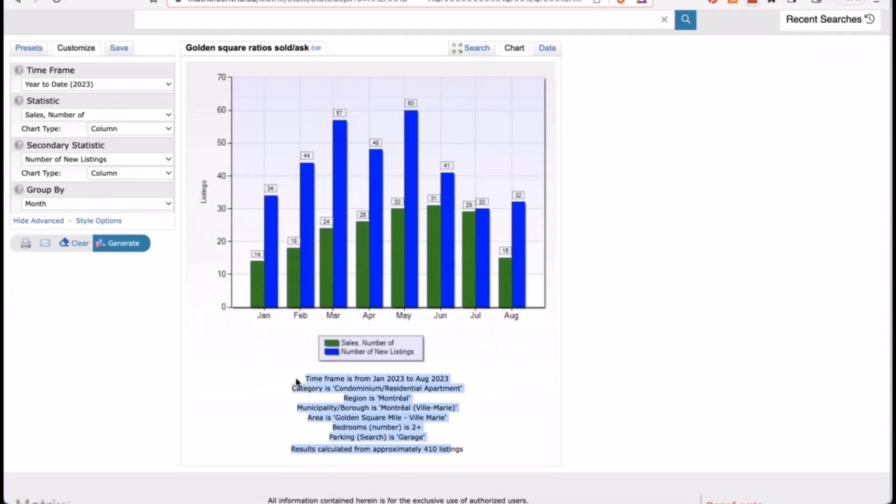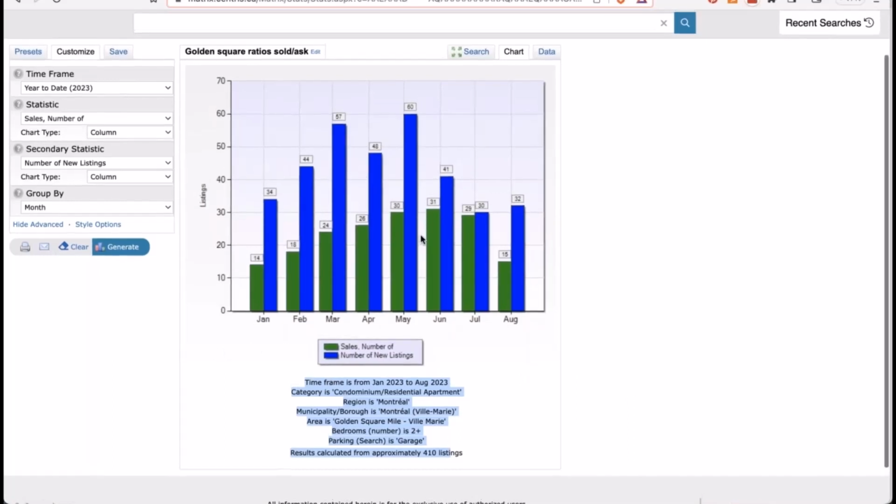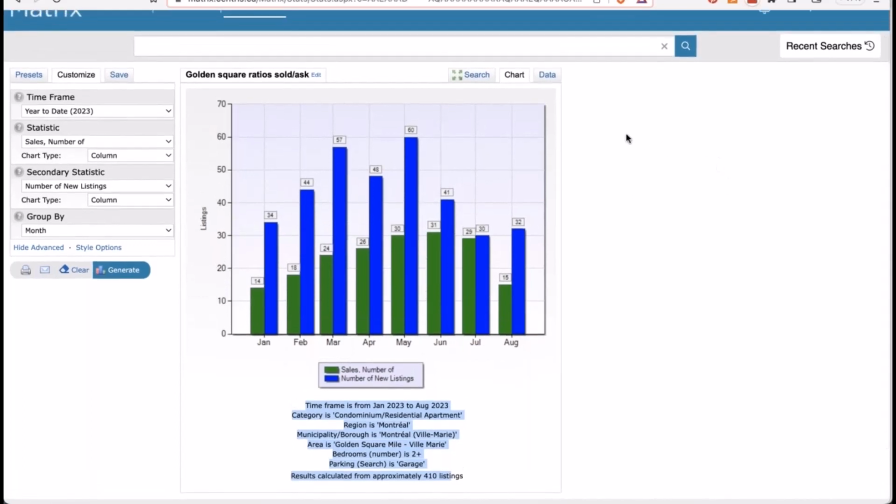This is for this type of property in this borough precisely, okay? And then compared to the number of new listings, so there were a lot more certain months here of the year, okay?